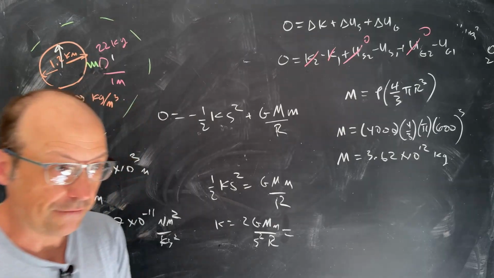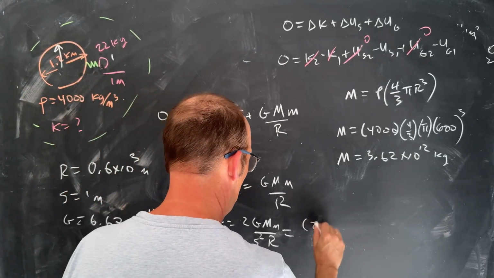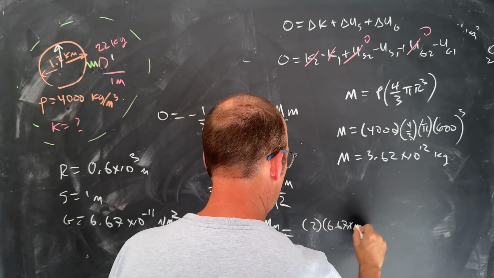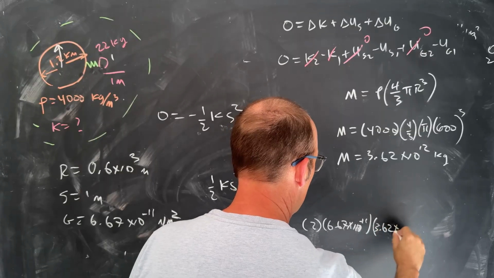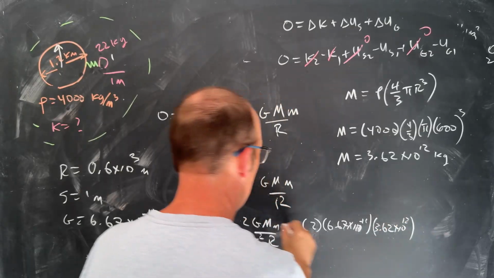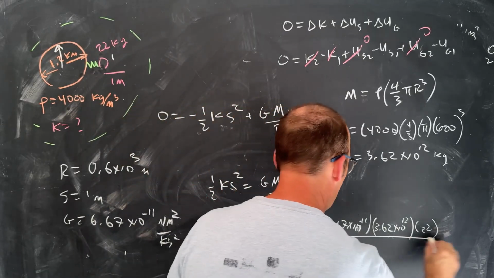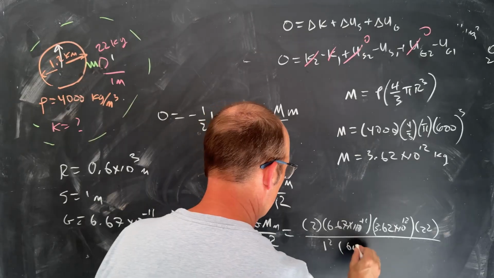Let's plug in our values again without the units. So I have 2, 6.67 times 10 to the negative 11th. And then I have this mass, 3.62 times 10 to the 12th. All that over 1 squared times 600.